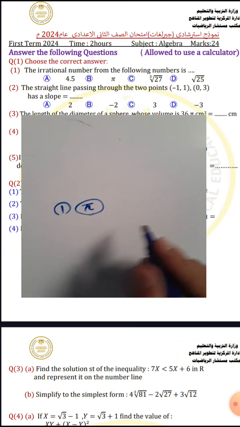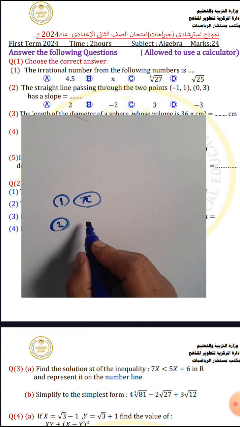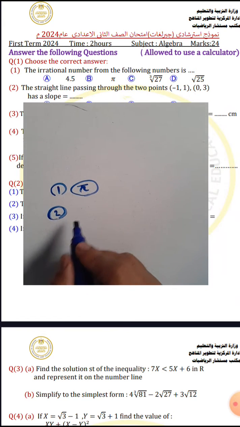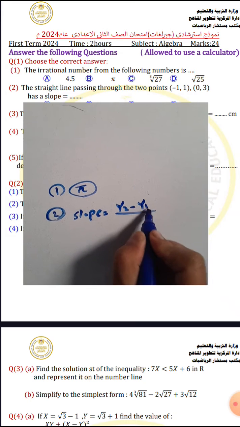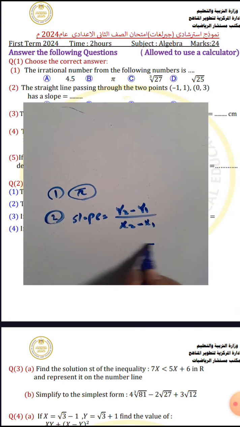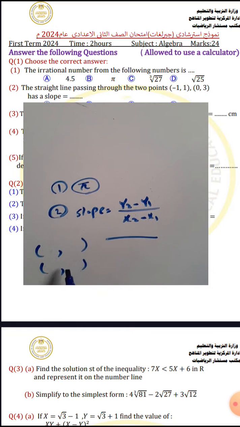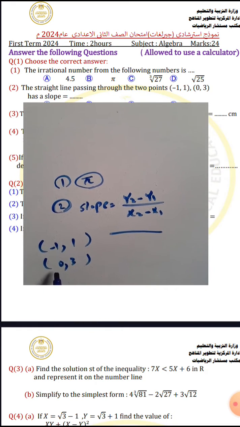Question number 2. The straight line passing through the two points (-1, 1) and (0, 3) has slope equal what? We want to find the slope. The slope equals y2 minus y1 over x2 minus x1. We have 2 points. The first point is (-1, 1) and the second is (0, 3).